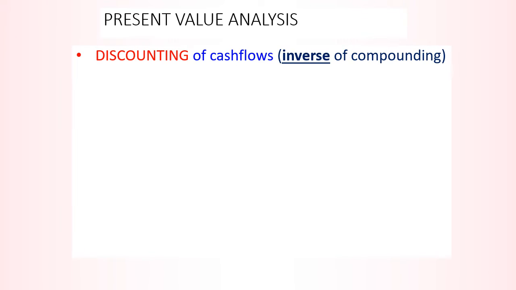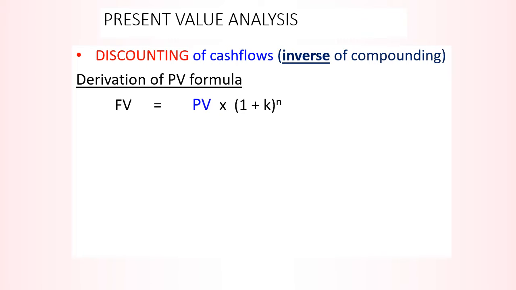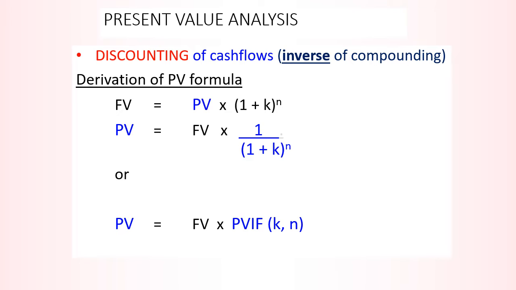Discounting of cash flow. The derivation of the present value formula: we know the future value formula is this. What I need to do is to move the 1 plus k over, or we can write it in terms of the table format.